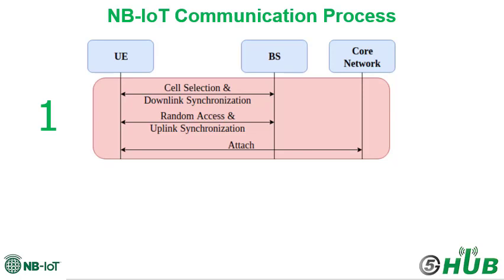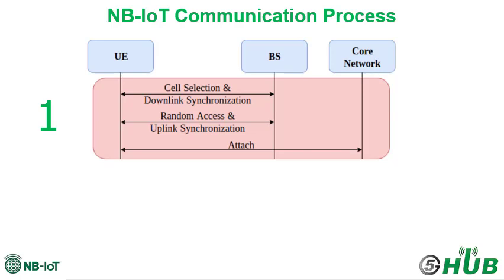Next, the base station resolves possible collisions that might have happened at the preamble transmission stage and selects the devices that are allowed to proceed with the connection establishment process. The devices then need to follow the attach procedure.